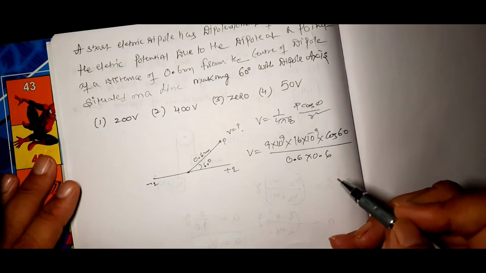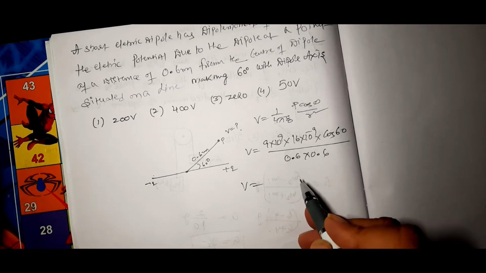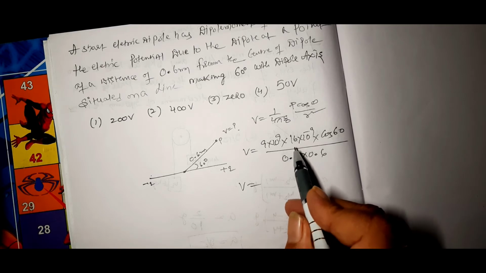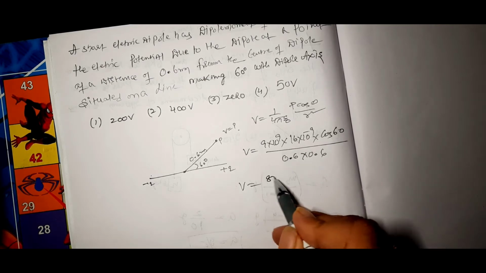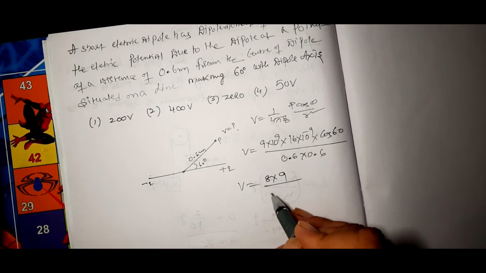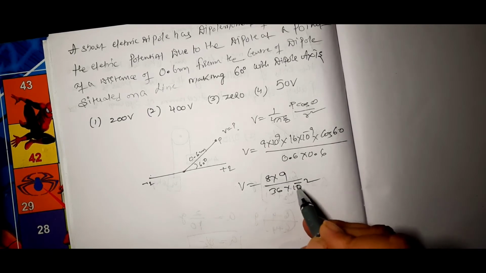Now cos 60 is 1 by 2, so this is 8 into 9 divided by 36 into 10 to the power of minus 2.